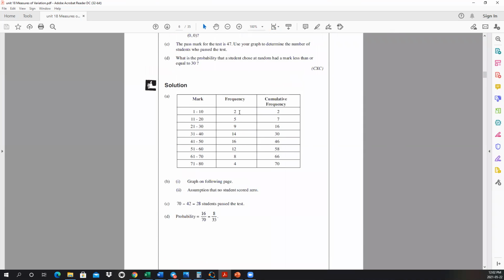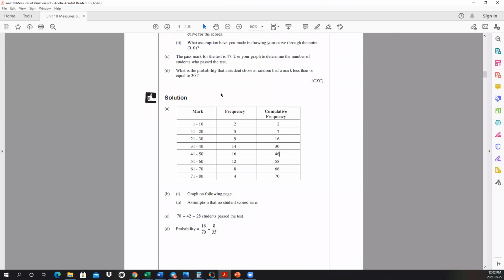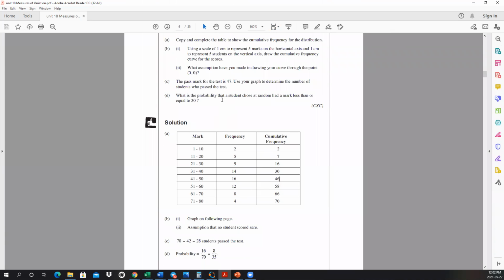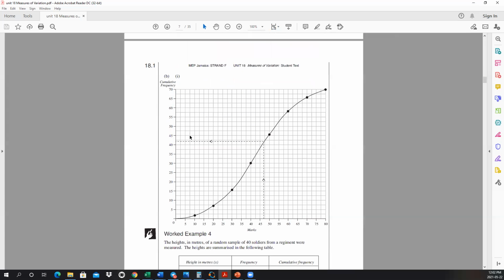So the next thing it asks, after you copy and do all of that, is the pass mark for the test is 47. Use your graph to determine the number of students who pass the test. All right, so the pass mark is 47. How many students pass the test? So everybody who's above 47. Well, this is 47.